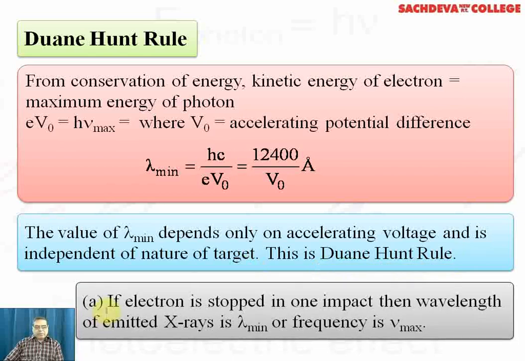Now, if an electron is stopped in one impact, then the wavelength emitted is called the minimum wavelength, or the frequency is maximum, that is nu maximum, because nu maximum is c over lambda. If lambda is minimum, obviously nu will be maximum. It is an inverse relation.